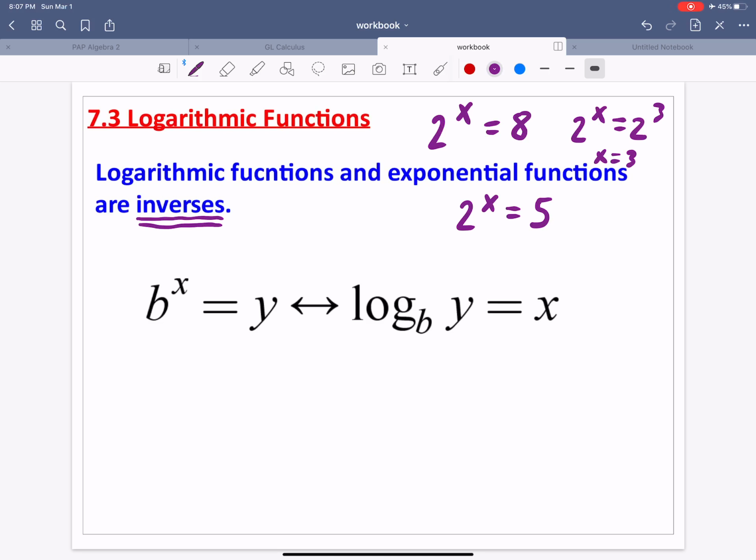Okay, 5 is not a power of 2, so we can never rewrite base 5 as a power of 2. But you would probably agree that there does exist a number, x, so that when I raise 2 to that power, x, it's going to equal 5.